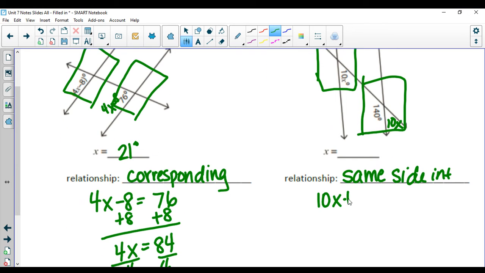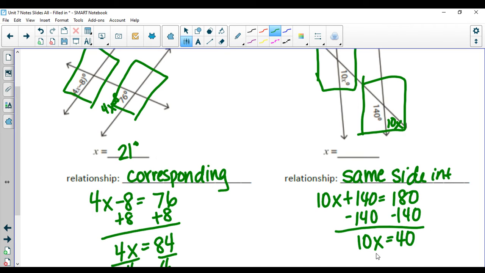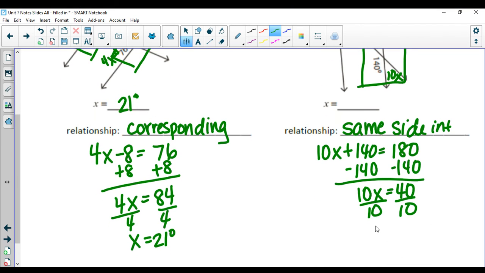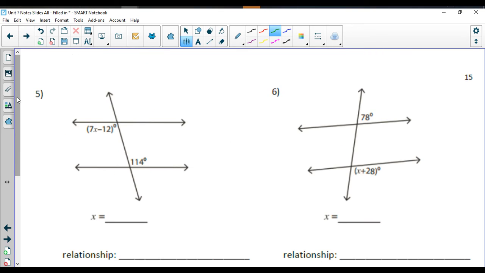So it's going to be 10x plus 140 equals 180. You can set it up 140 plus 10x. You're going to get the same answer. Subtracting 140 from each side, I get 10x is equal to 40. So I'm going to go ahead and divide through by 10, and we get x equals 4 degrees. So x equals 4 degrees right here.